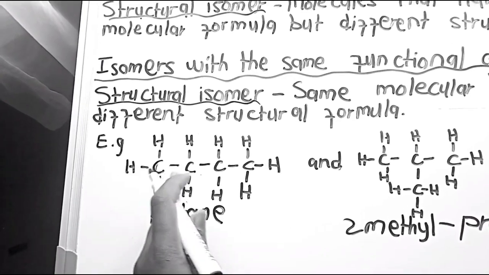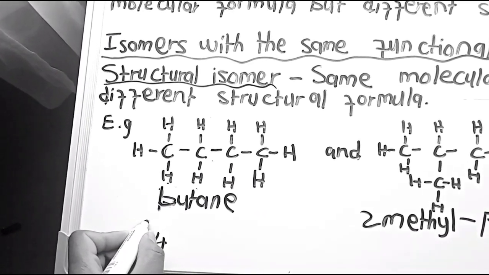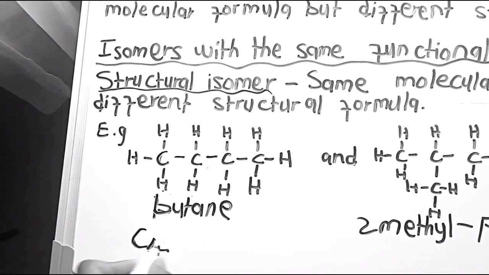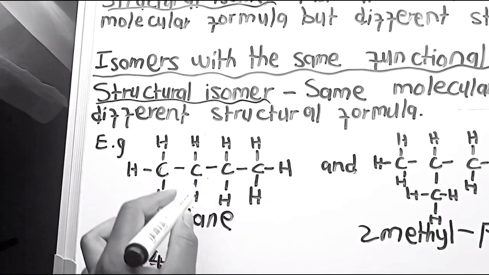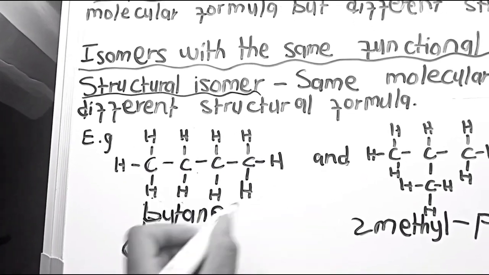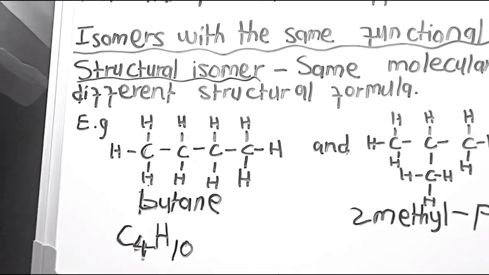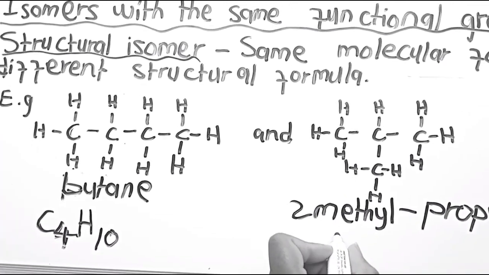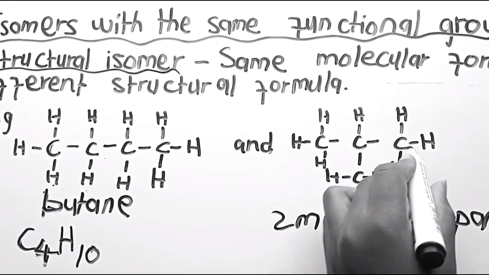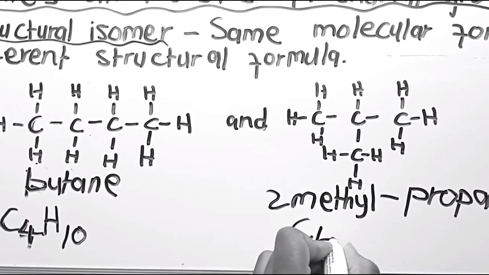As you can see, we have 4 carbons, it's C4. How many hydrogens do we have? We have 1, 2, 3, 4, 5, 6, 7, 8, 9, 10, so H10. How many carbons do we have in this structure? 1, 2, 3, 4. You also count the branch. It's C4.